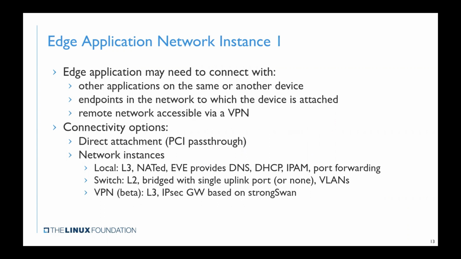You have to put an IPsec configuration in, and StrongSwan, based on that, establishes an IPsec tunnel with some remote IPsec gateway, and you will then get a tunnel interface. So whatever external connectivity happens will go through this tunnel interface over the VPN.